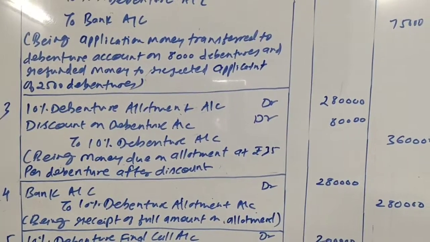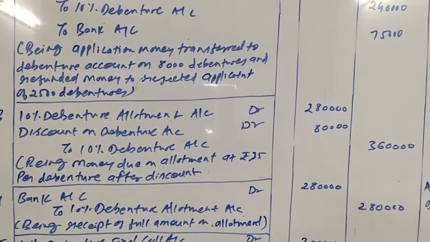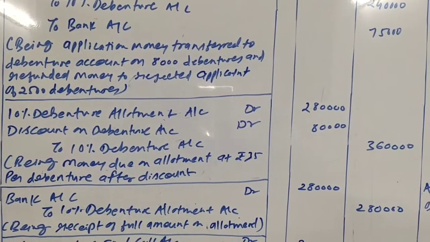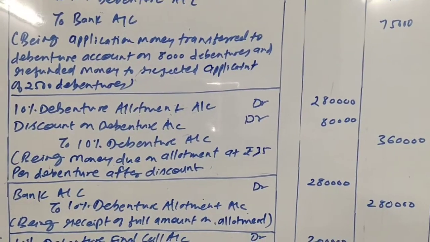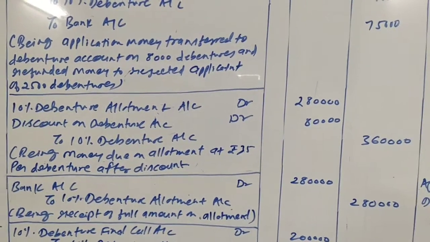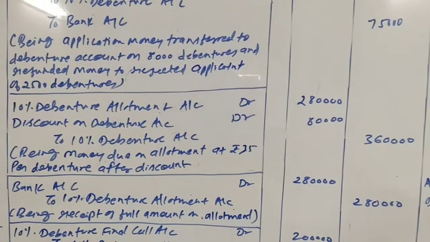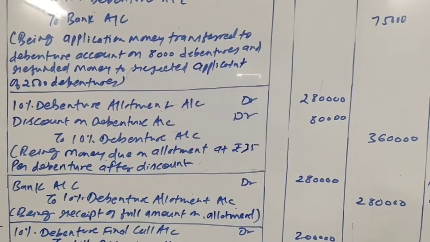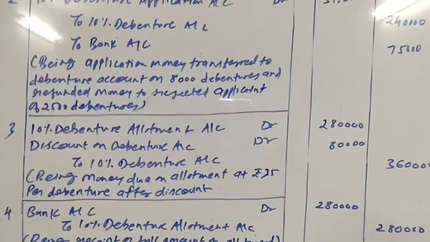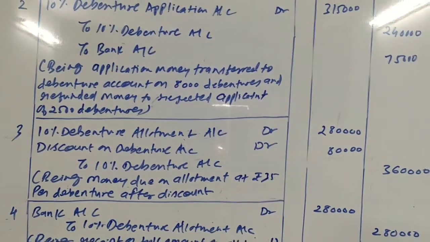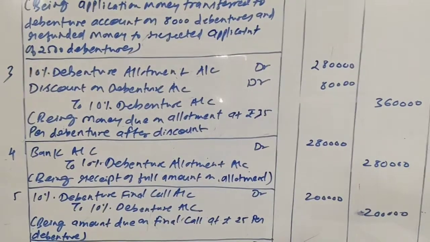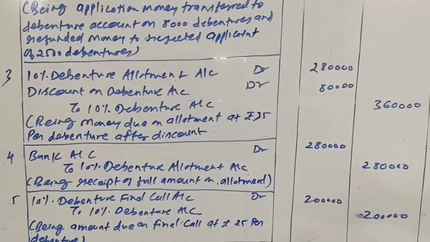Discount on debentures account debit, rupees 10 into 8,000, so 80,000, and to 10% debentures account, that will be the total of 3,60,000, or you can say 45 into 8,000. Now, as it was mentioned, all amounts were duly received. So bank account debit to debenture allotment account 2,80,000.